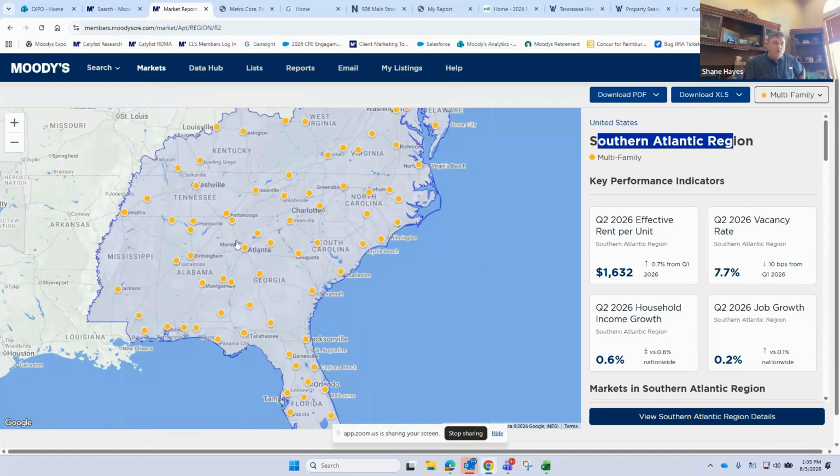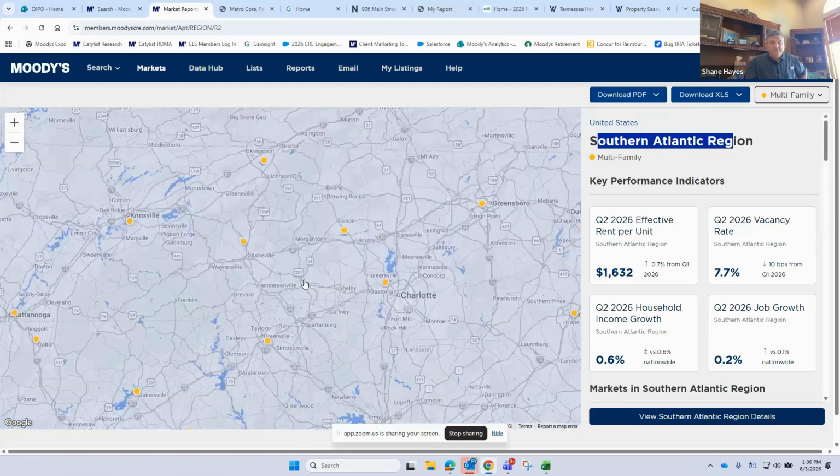These are multifamily markets. If you look up at the top right hand, you have the ability to select between the different asset classes, right? So you can see all the ones we have. Now, I will tell you that the size of the market and how much data is being collected in that market is going to drive how much of these are available. So, for example, affordable housing, I'm going to zoom in here to your area.